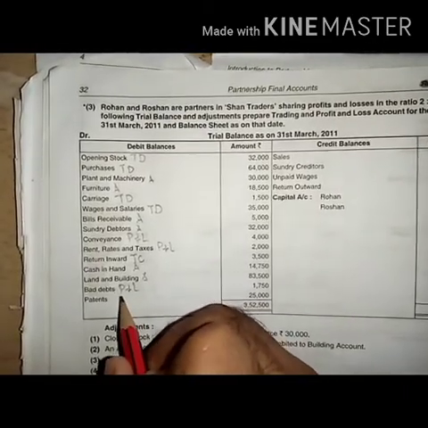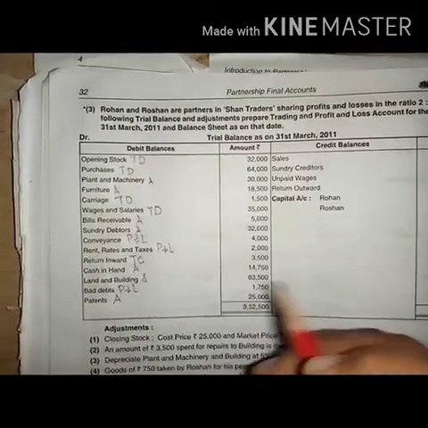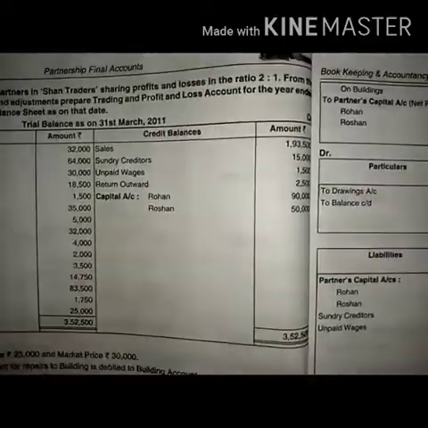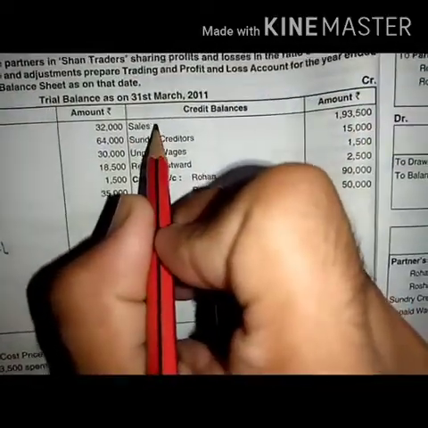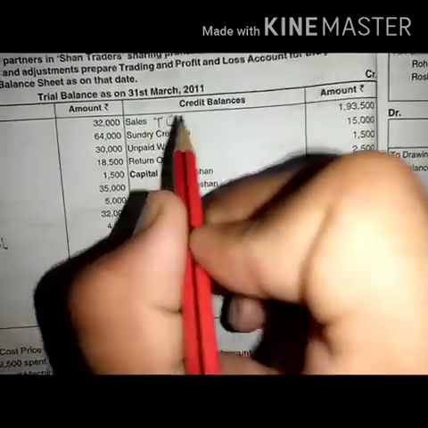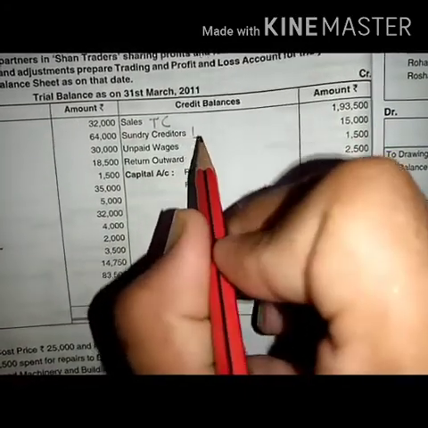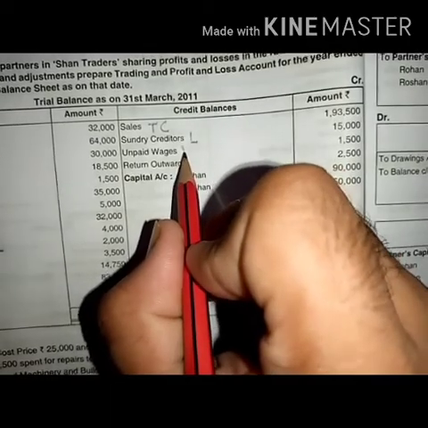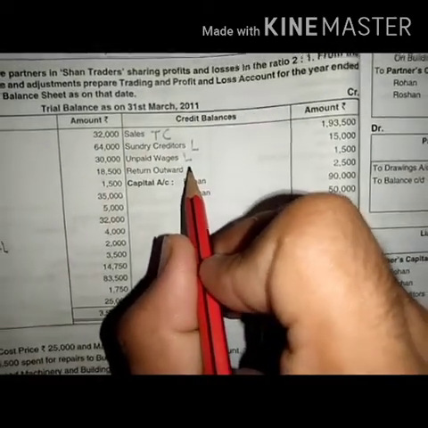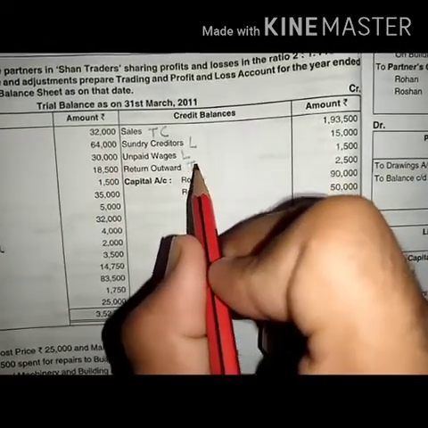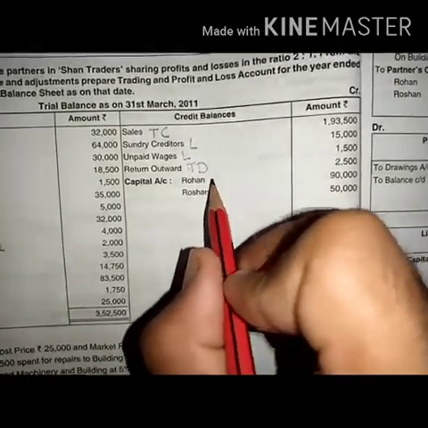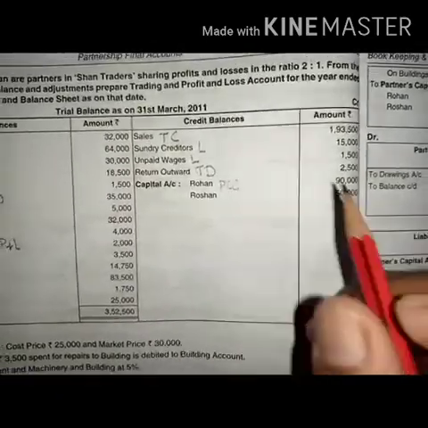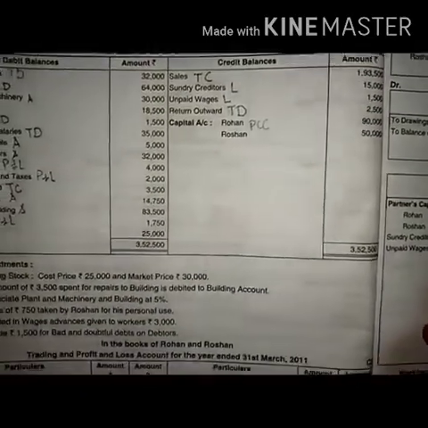Patents, assets. Now the credit balance: sales, trading account credit side. Unpaid wages, liabilities. Return outward, the exceptional item, that is purchase return, trading account debit side. And capitals, that is partners' capital, credit.